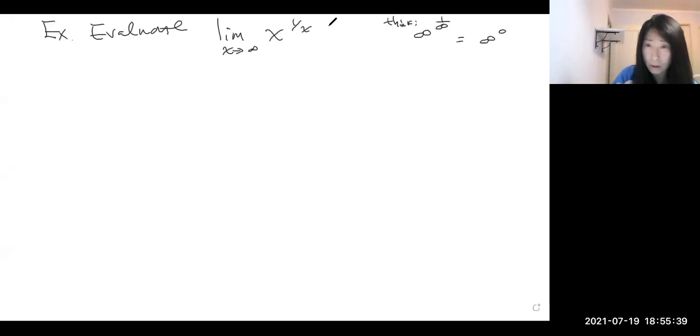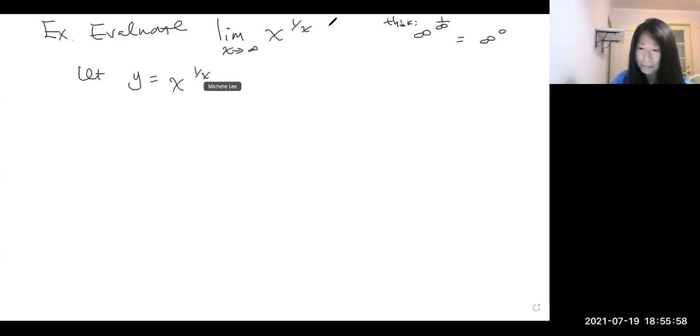Then we have a power, so we know the process, right? We take the ln of both sides. Before we do that, rushing again, we say let y equal to x to the 1 over x, okay? All right.